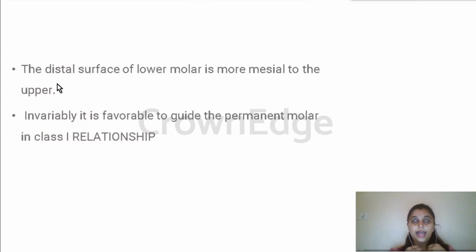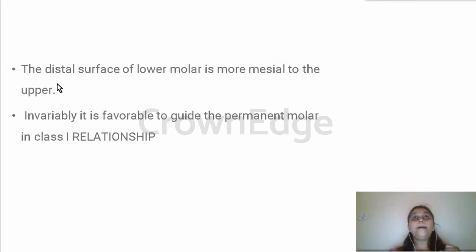If that child has a little bit of mandibular growth left and the mandible moves forward, then it becomes a class 1 relationship. So if some amount of growth is left in the mandible, it can move into a class 1 molar relationship.